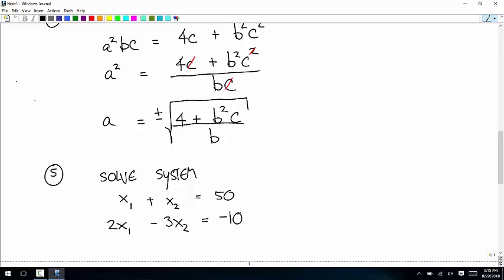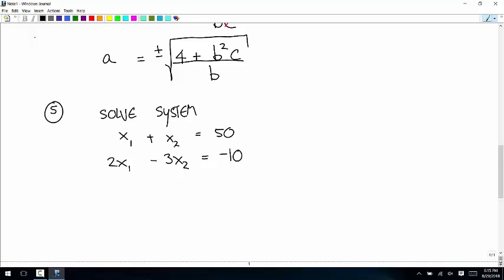You'll always have plenty of time in this class. So what substitution means is we're going to use one of these equations, so for example, I'll use equation 1, to represent the variable x1 in terms of the variable x2.